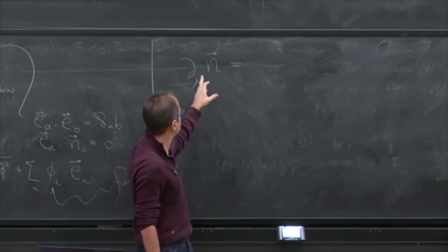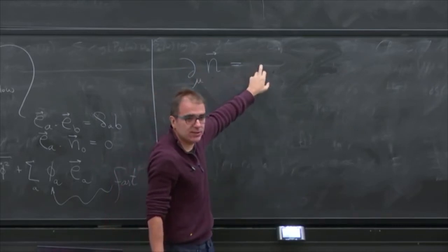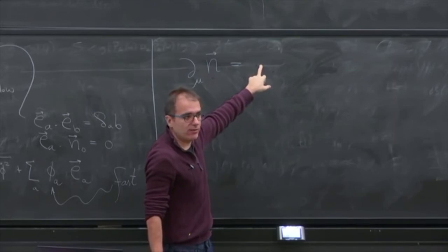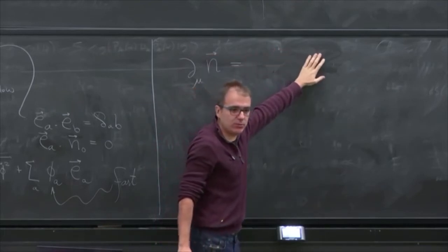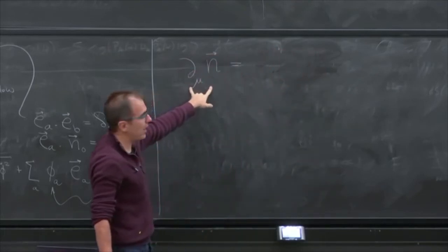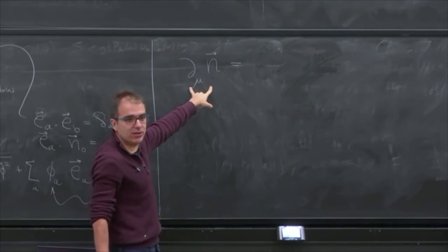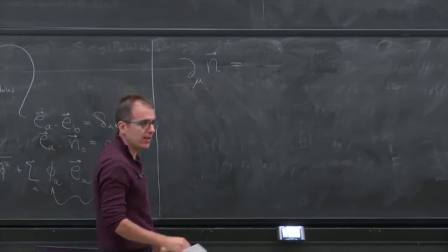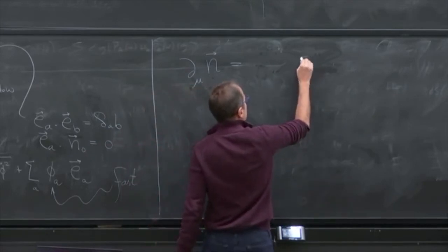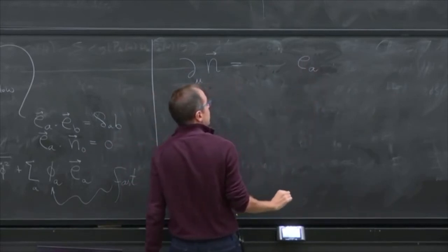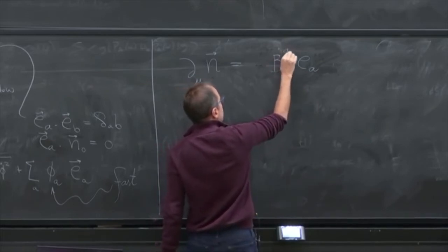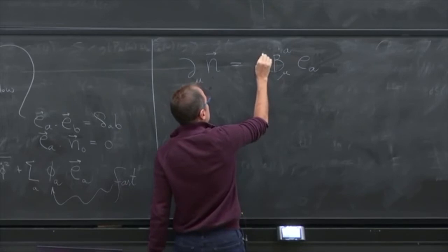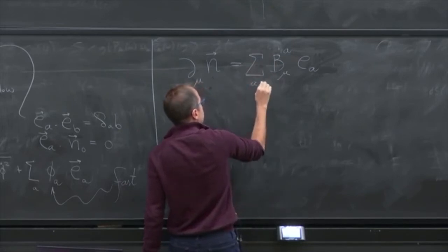Are there components in the direction n on the right-hand side? No, right? Because imagine it was there. You dot the equation with n, and that term would survive. The EAs would go to 0. This also goes to 0 because n dot EA is 0, like we saw before. So there's no term with n. There are only components in the tetrad direction, EA, and whatever the coefficients are, we can call them some B A mu, and we have a sum over A.